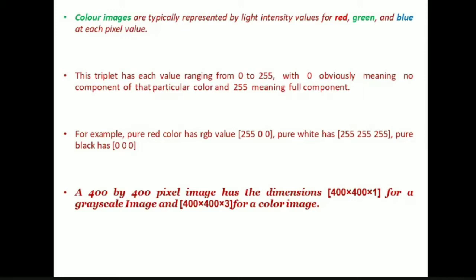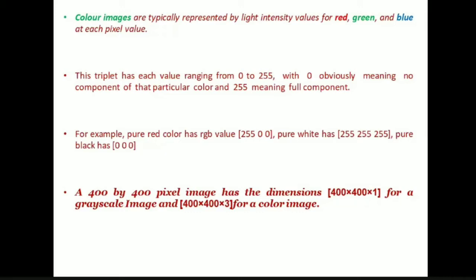Now let us take an example of a 400 by 400 pixel image, with dimensions 400 x 400 x 1. This dimensional representation is for a grayscale image. For a grayscale image of 400 by 400 pixels, the representation is 400 x 400 x 1. Why?